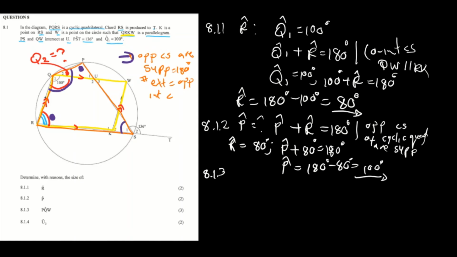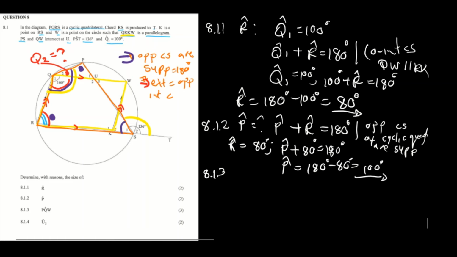We also know that the very same angle here is equal to this exterior angle here. The reason is that an exterior angle is equal to the opposite interior angle. So this is the second reason that I stated here. The exterior angle is equal to the opposite interior angle. So that's one that we can use.